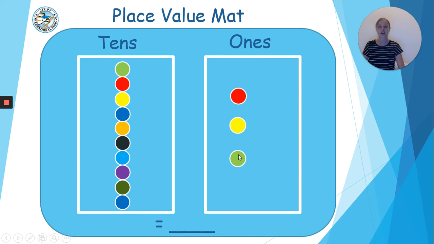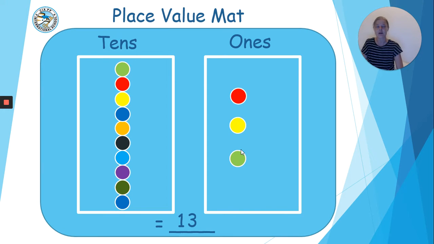Well done, 3. The first number we need to write down is how many tens, so we write the number 1. Now we need to write down how many ones we have, and we know there were only 3. So we write the number 3.